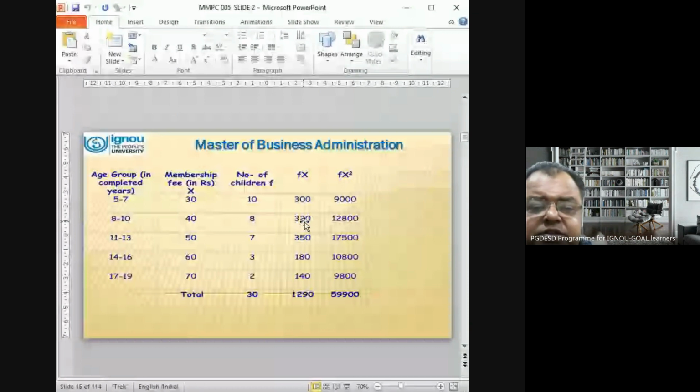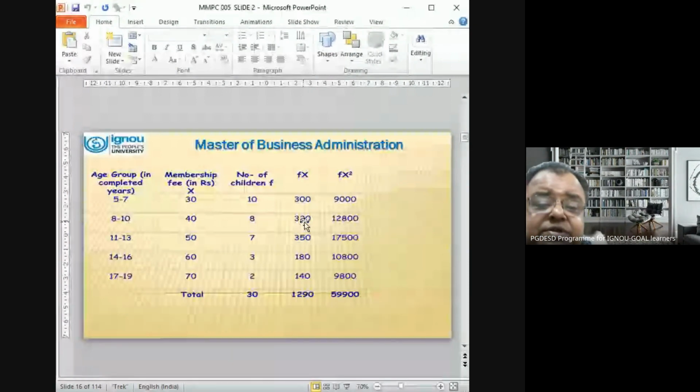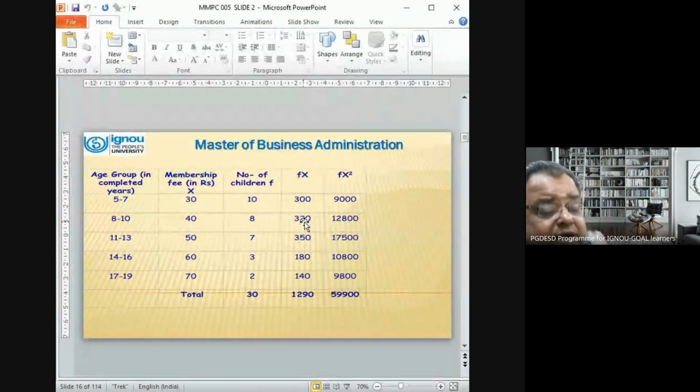Membership fee is given to you and the number of children, that is frequency, is given to you. The question asks the relation between membership fee and the number of children. So we will be using membership fee as X and number of children as F. First of all, we have to calculate Fx and then Fx square.